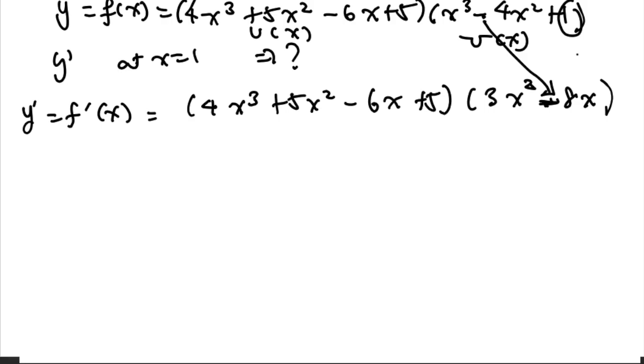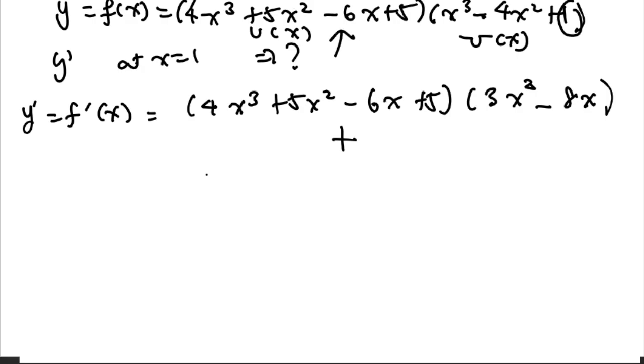Constant rule, yeah? Okay. And then let me clear the mess first, otherwise you don't get what I'm doing. So minus, and then don't forget plus. Now we rewrite again v(x), but we differentiate u(x).